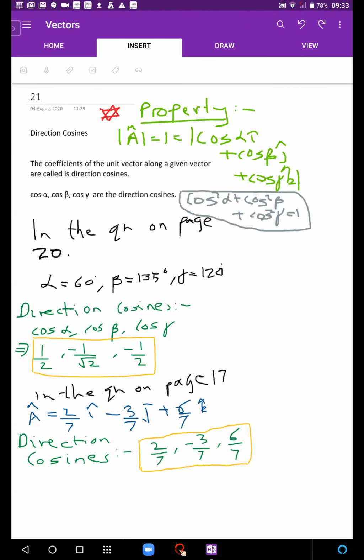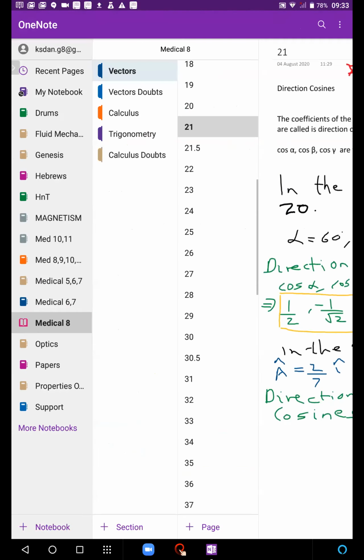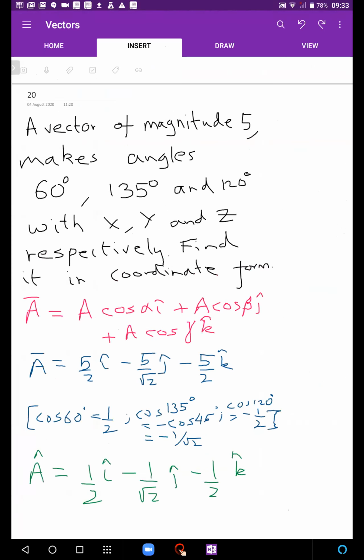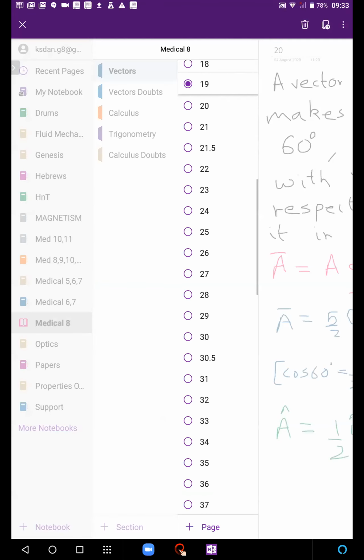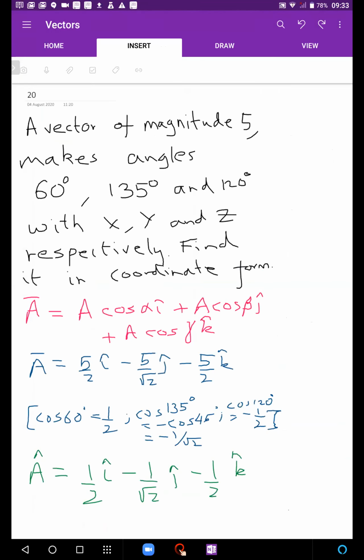This one? Welcome. Before this, was that it? Okay.